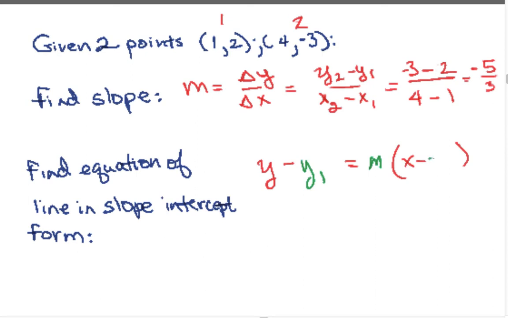These are the things that are needed in order to use this equation. So we have y minus y1. It doesn't matter which point you use, you'll come up with the same answer. Negative 5/3 times x minus 1.